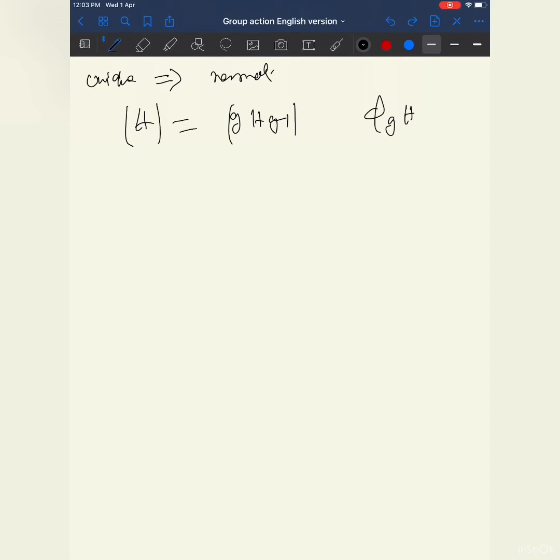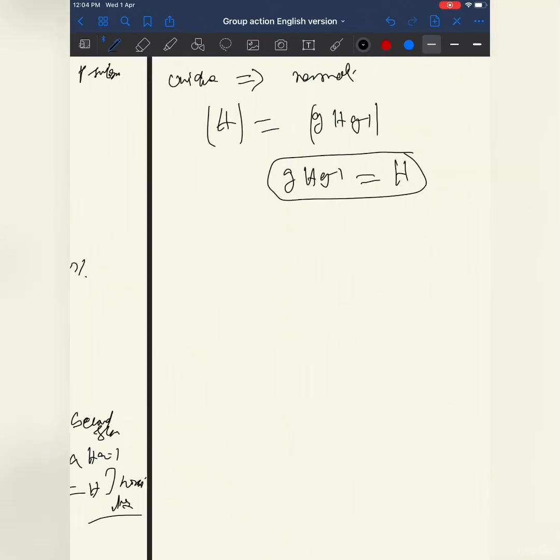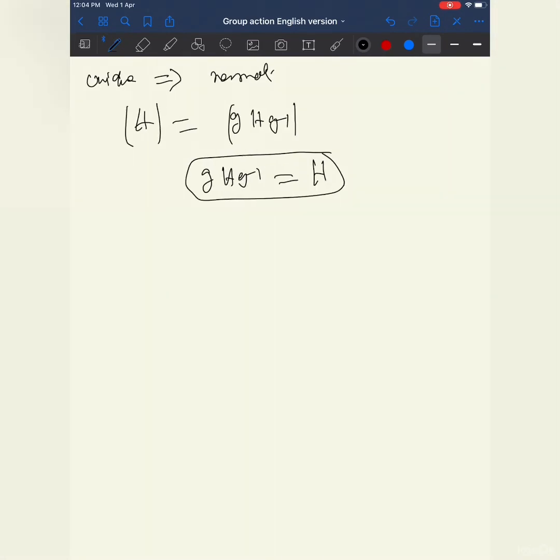Because this is a conjugation homomorphism. So gHg inverse coincides with H because of uniqueness. So I said the unique group of the same order. Okay, that's a corollary. So we are done.